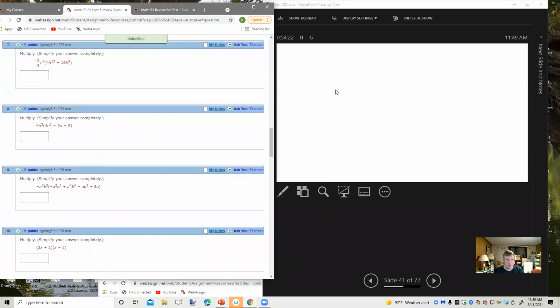All righty, let's take a look at this one. Multiply, we've got 3/4 h to the 6th times 4h to the 12th plus 16h to the 8th. So we're going to distribute the 3/4 h to the 6th to that one and that one.